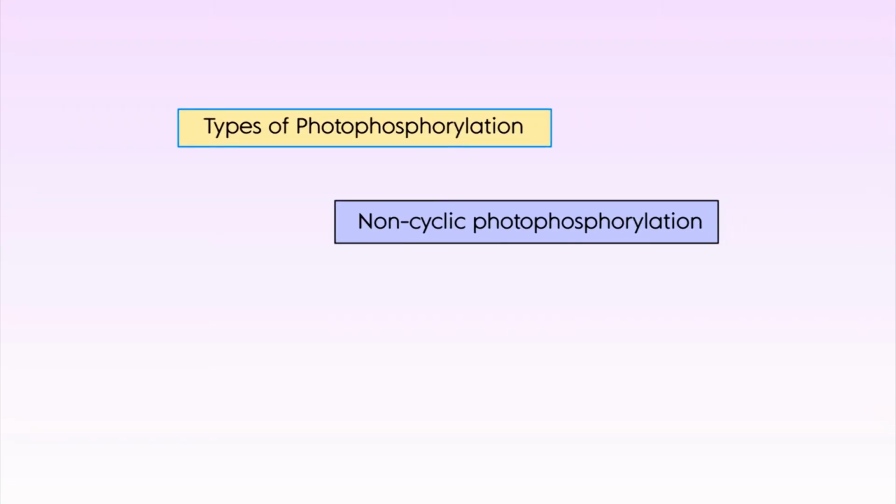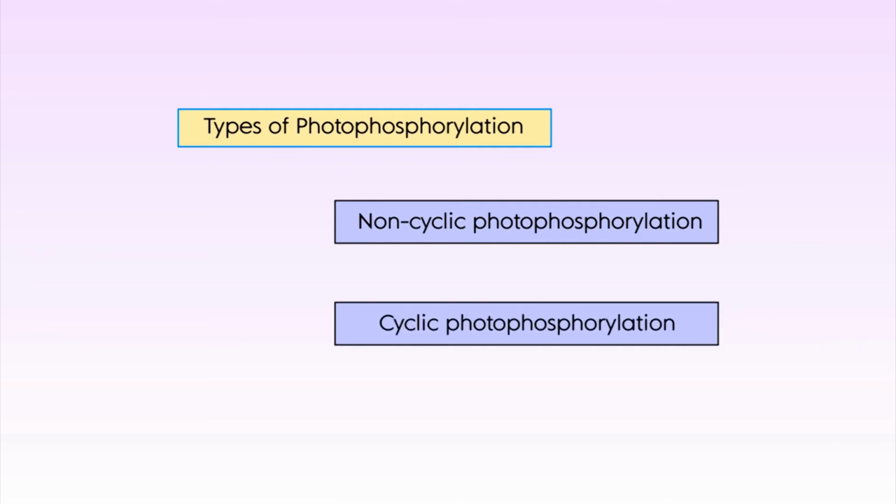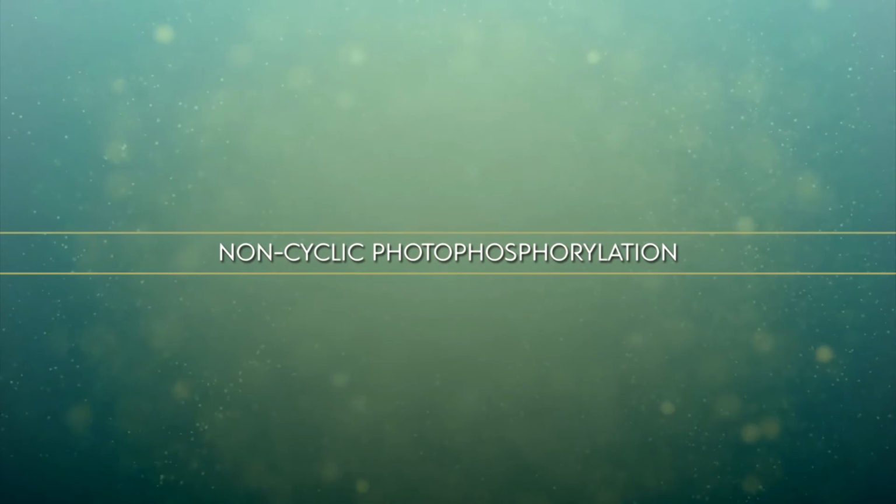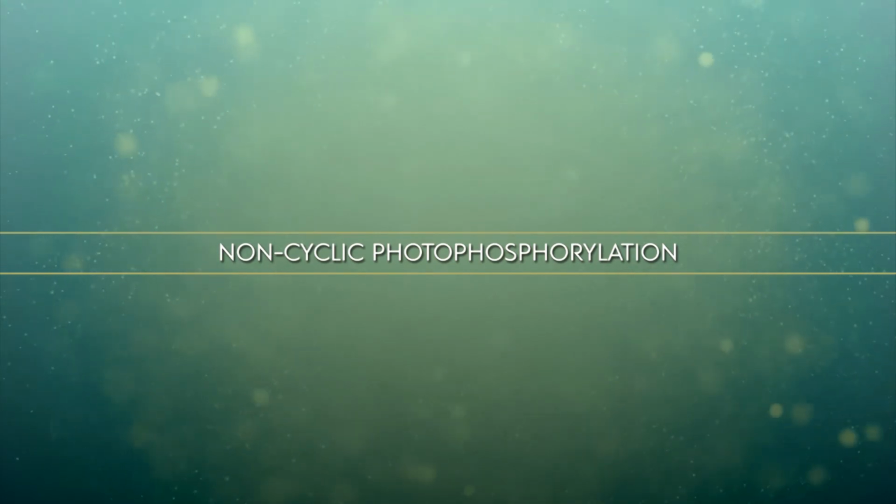There are two types of photophosphorylation: non-cyclic photophosphorylation and cyclic photophosphorylation, based on the path the excited electrons take during the electron transfer process in the photosystems. Photosynthesis in plants and cyanobacteria produces both ATP and NADPH directly by a two-step process called non-cyclic photophosphorylation.